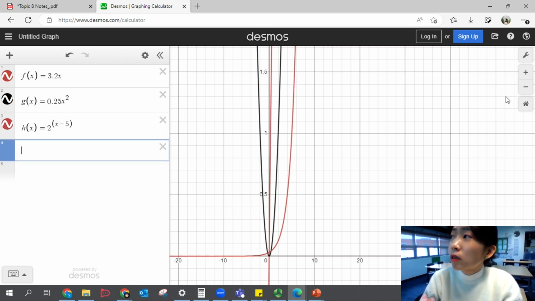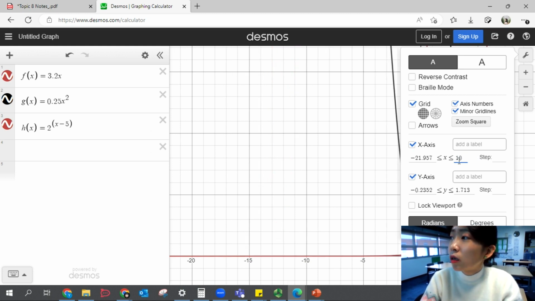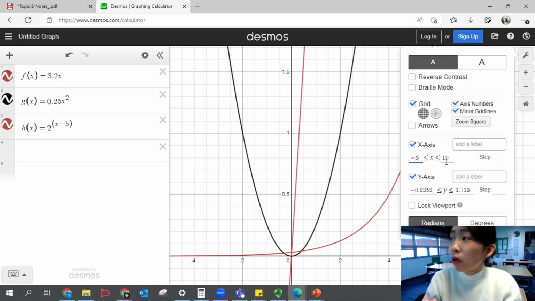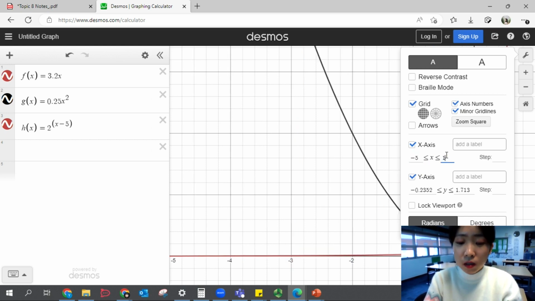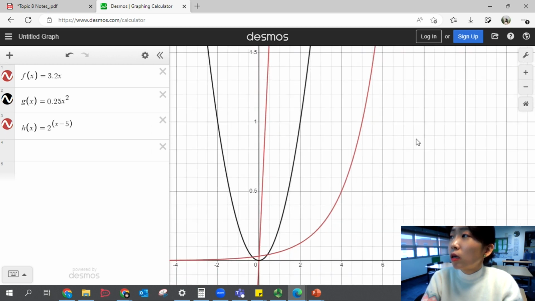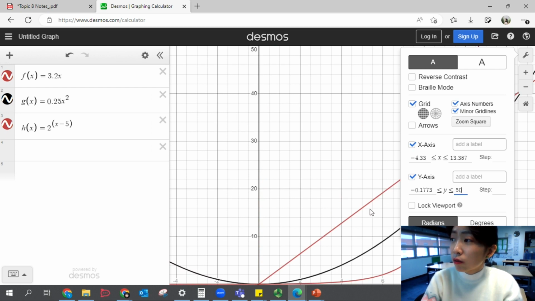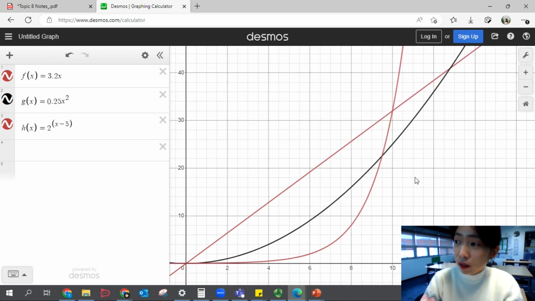Okay, so how can I? The y's are in decimal, so you have to adjust your y values in order to really see your graph accurately.